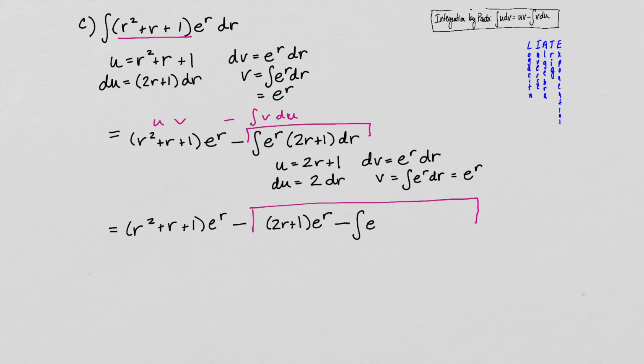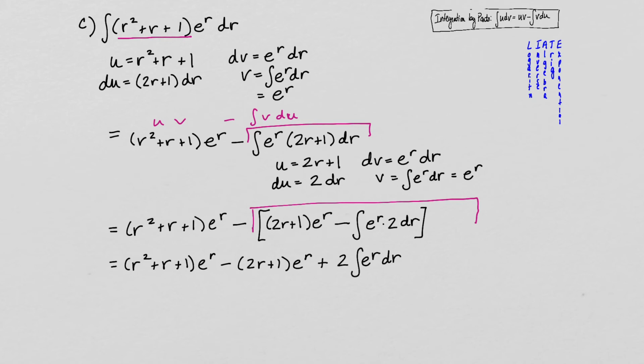In this case, that's e to the r times 2 dr. And remember, it's minus all this stuff. So if I write this down, I really have r squared plus r plus 1 e to the r, minus 2r plus 1 e to the r. And then I have a minus here, but it's also being distributed to the minus here, so it's going to be a plus. So plus 2 times the integral of e to the r dr. So I just rewrote that integral a tiny bit.